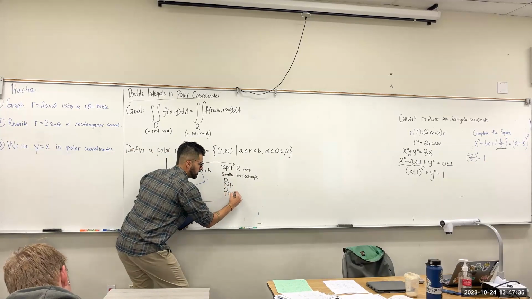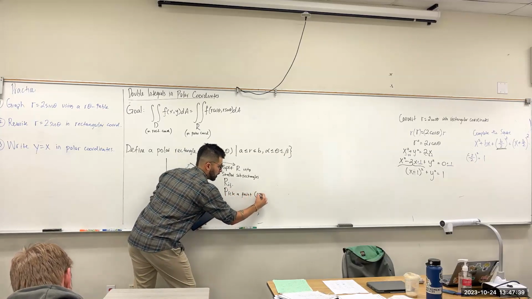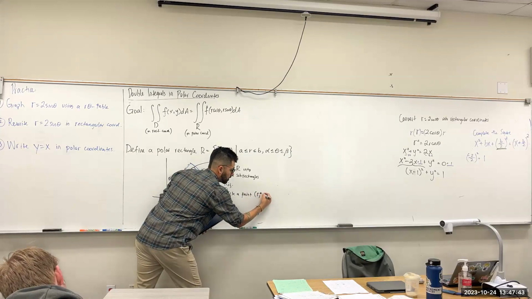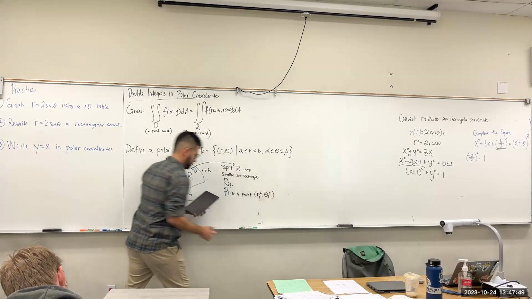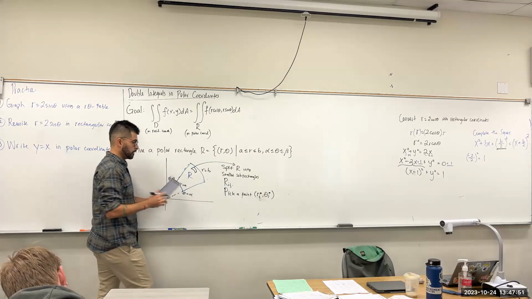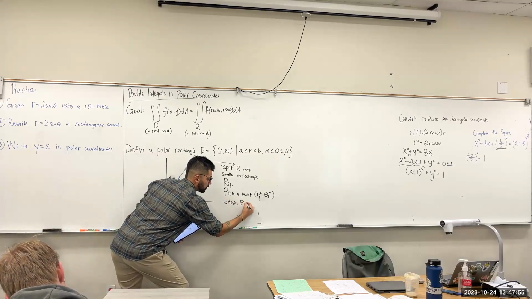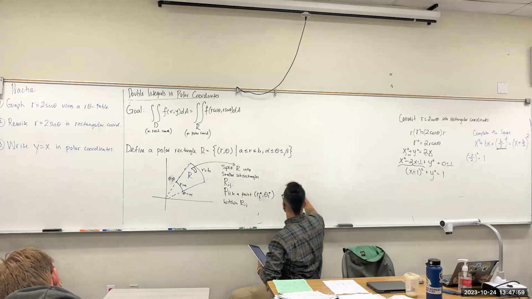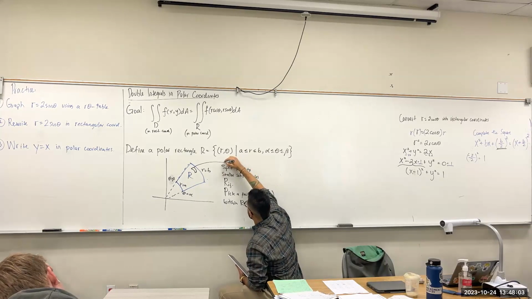And I want to pick a point Ri star, theta j star within that subrectangle. That subrectangle is the zoomed in version of what I'm going to show you here.